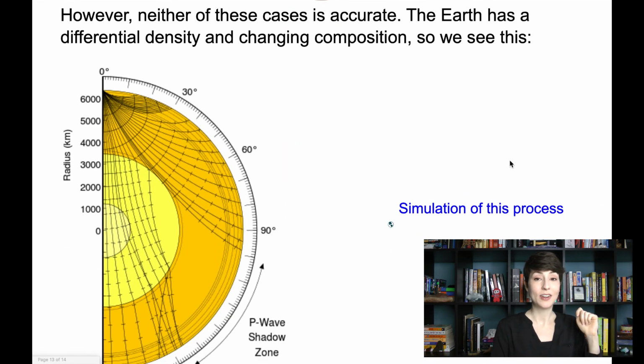Here's an example of what the Earth actually looks like on the inside and how primary waves, which are longitudinal waves, travel through the interior. Notice that they will curve because they will refract as they travel faster and faster the deeper they get into the mantle. Look what happens once they reach the outer core.